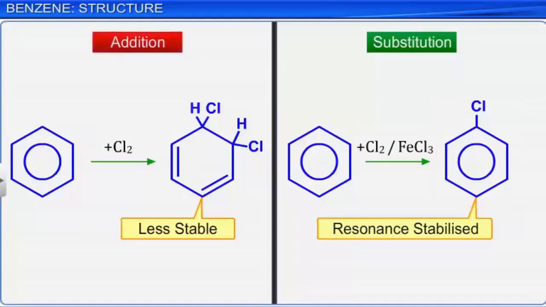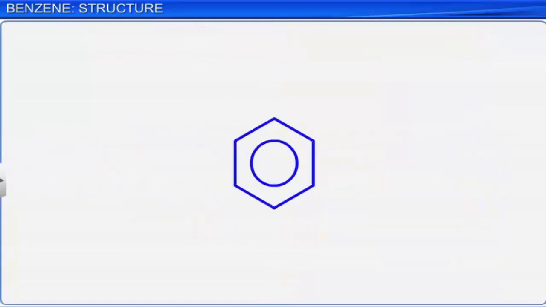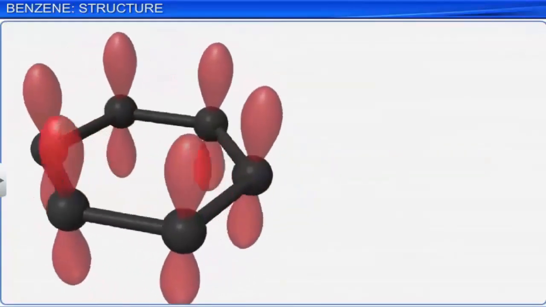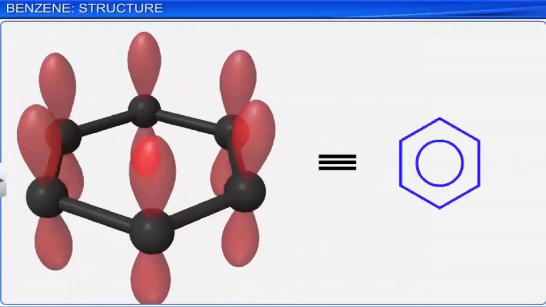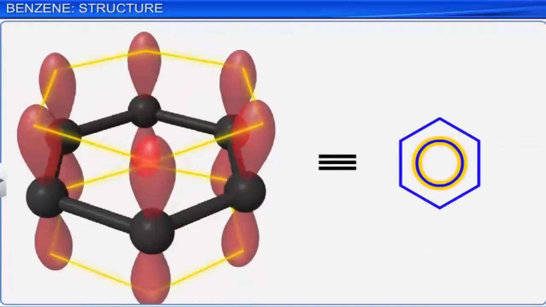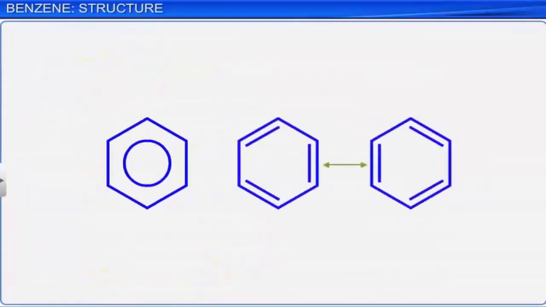Therefore, benzene undergoes substitution reactions. The resonance hybrid of benzene explains the observed bond length. As is evident from the resonance hybrid of benzene, due to the continuous delocalization of the pi electrons between the carbon atoms, all carbon-carbon bonds are equal, and the carbon-carbon bond length in benzene is intermediate between carbon-carbon single bond and carbon-carbon double bond.